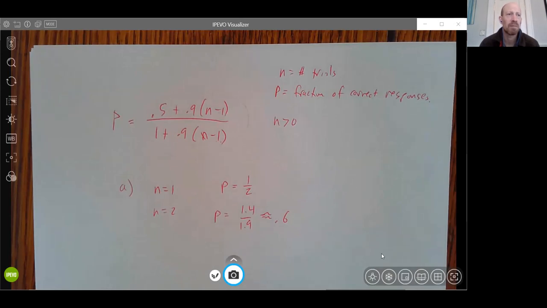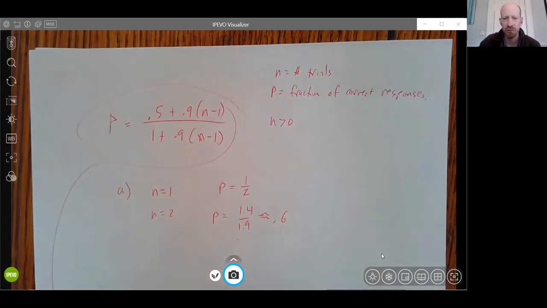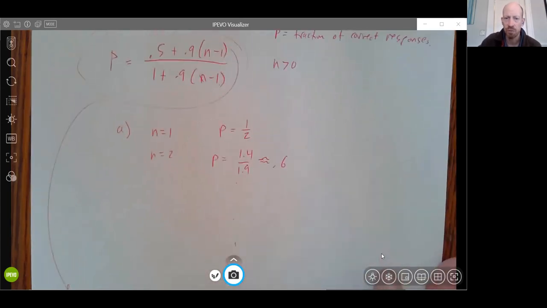Well, in B, or the second half here, P approaches what as n increases? You'll be able to see that from the chart, but we can also see it because of what we know about rational functions, right? This is a rational function.